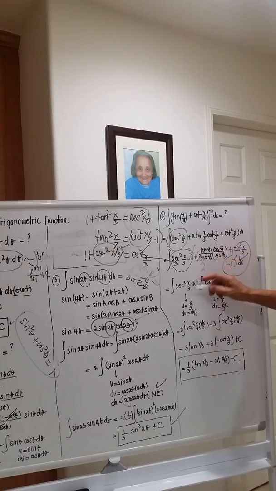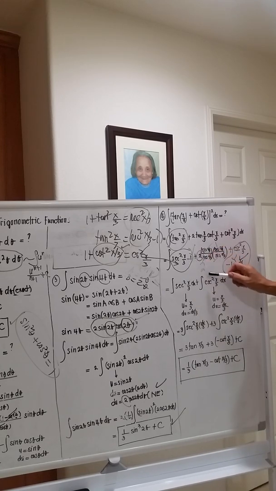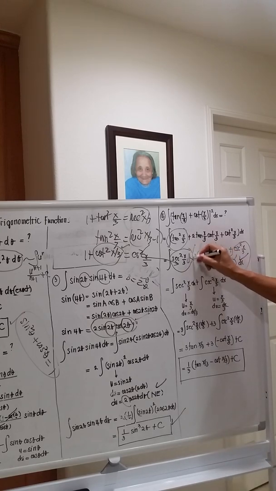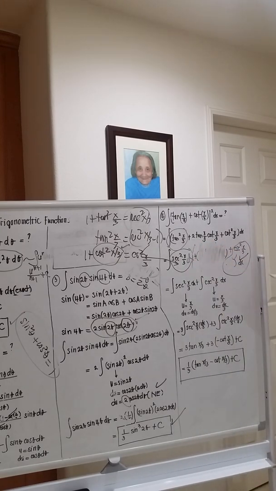What will remain is the integral of secant squared of x over 3 dx plus the integral of cosecant squared of x over 3 dx. The constant terms cancel out: this is minus 1, this is plus 2, this is minus 1. Right? So what remains is actually this, times dx.